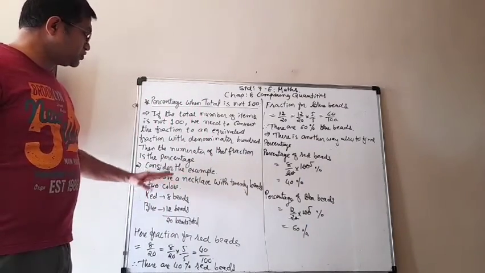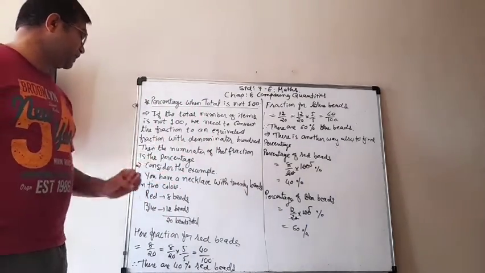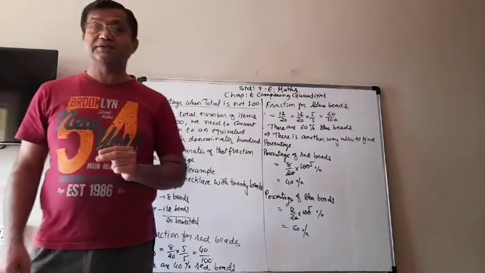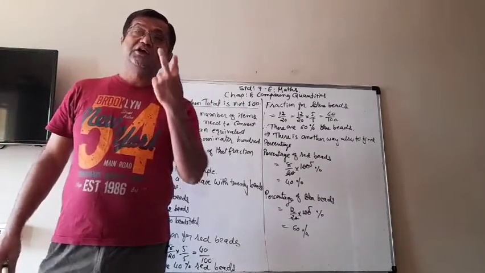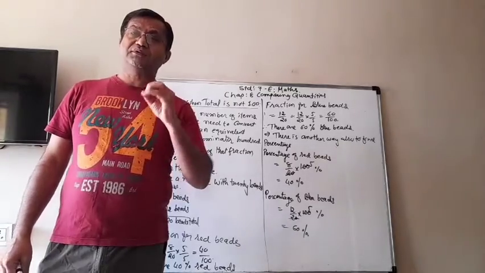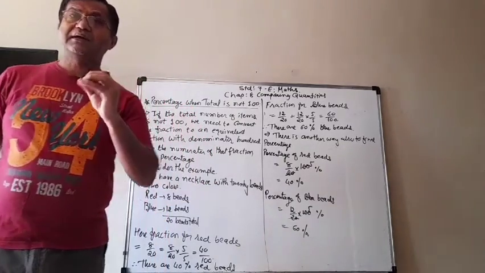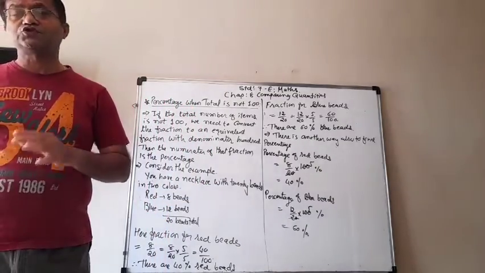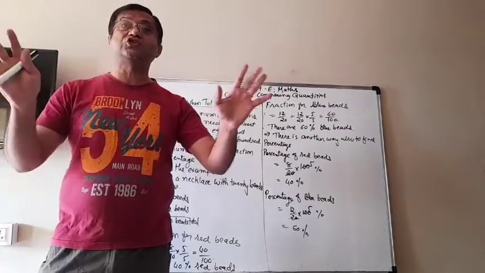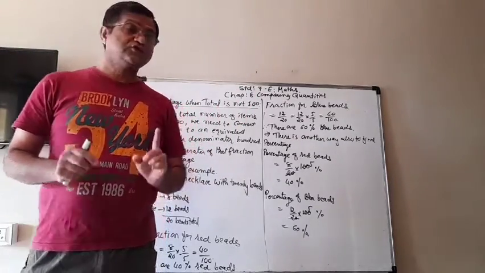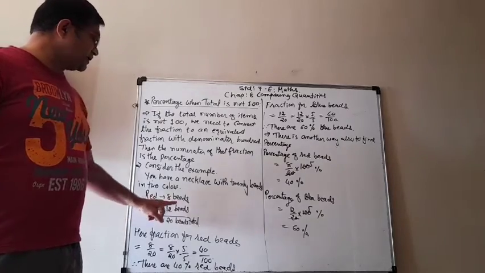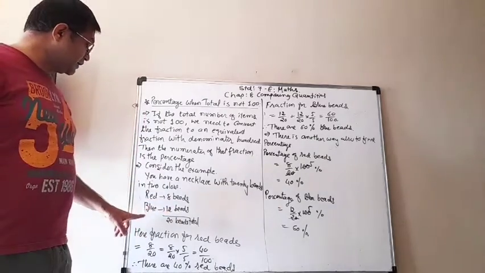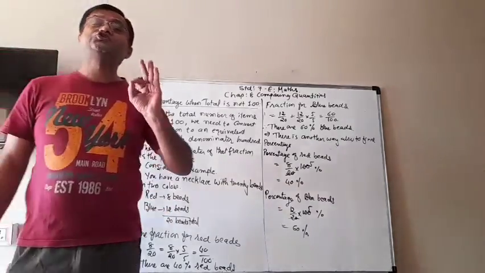Consider that you have a necklace with 20 beads in two colors. In the necklace, beads of two different colors are there. Total, there are 20 beads, not 100 beads. Red colored 8 beads are there, and blue colored there are 12 beads.